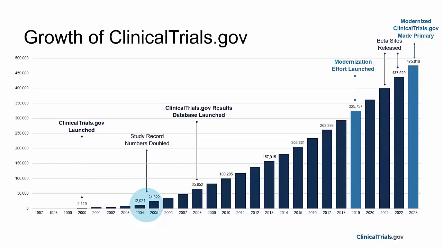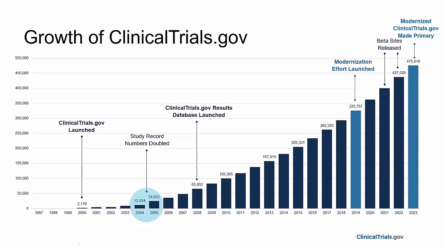So we can see here in 2000, this was the year that the website launched. It contained 2,119 study records, and you can see by 2005 that the study numbers doubled, the year that the ICMJE publication policy was implemented.